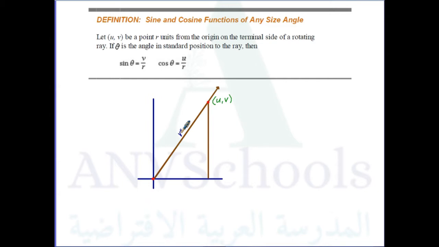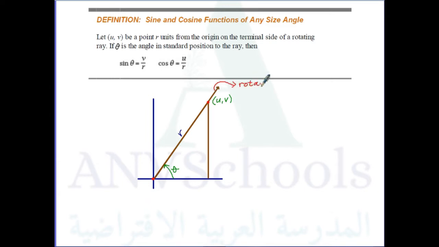So we have our angle from the positive horizontal axis going through here. This is our angle theta, and this is our rotating ray.